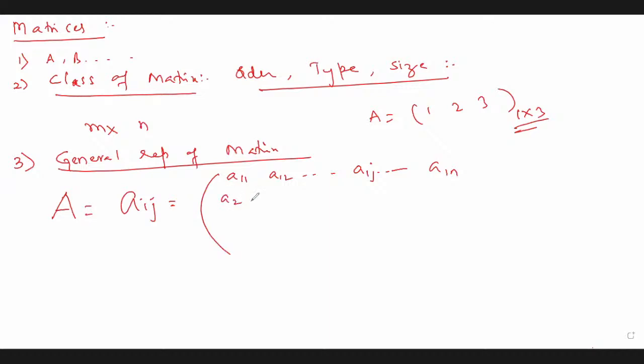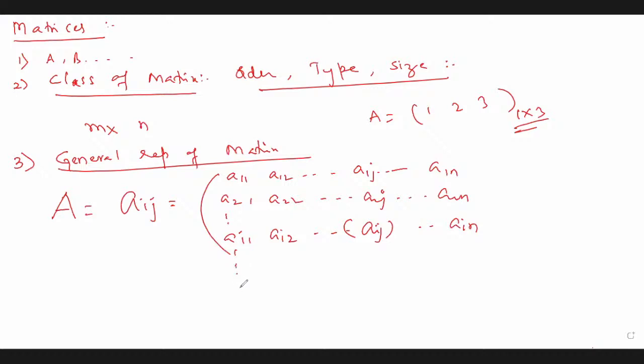A2 is an element in the second row, first column, second row, second column, second row, jth column, second row, nth column. Similarly, A is an element in the ith row, first column, ith row, second column, ith row, jth column, right? And ith row, nth column.